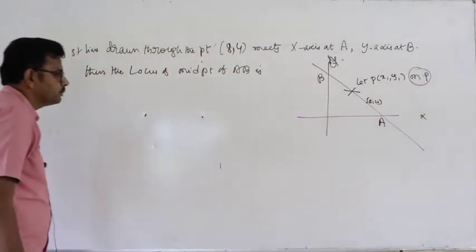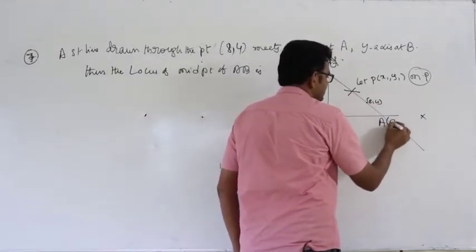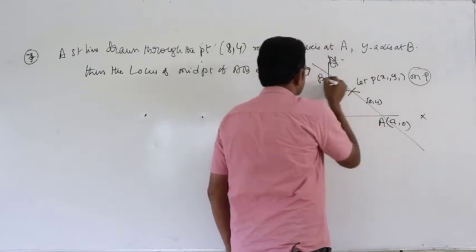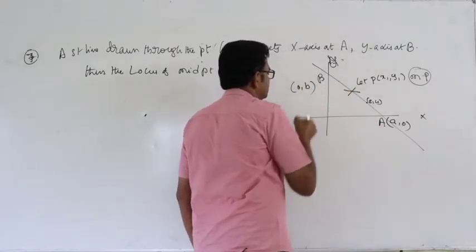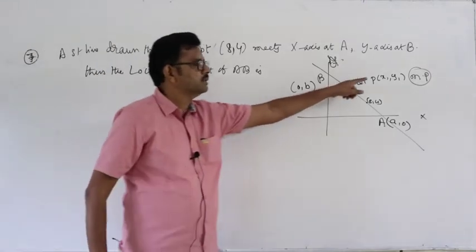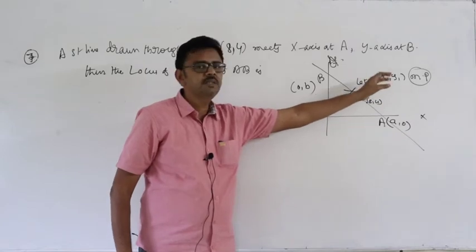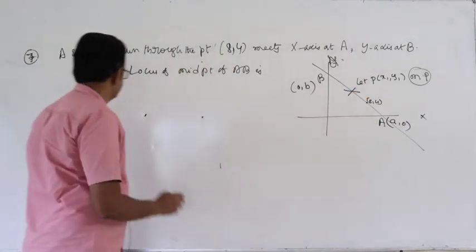Now, assume the coordinates of A: the line cuts the x-axis at (a, 0) and the y-axis at (0, b). Now we have to find the locus of the midpoint of AB. Let (x1, y1) be the midpoint of AB.